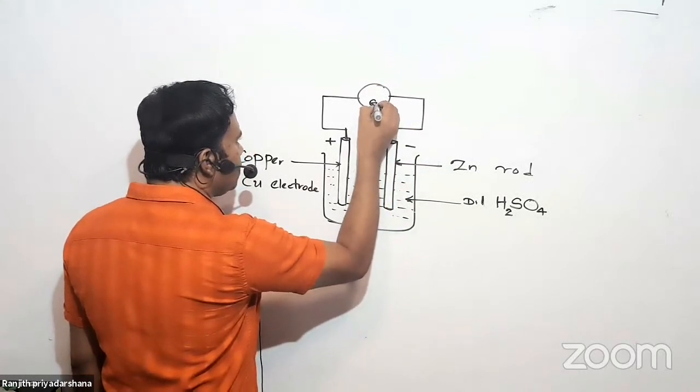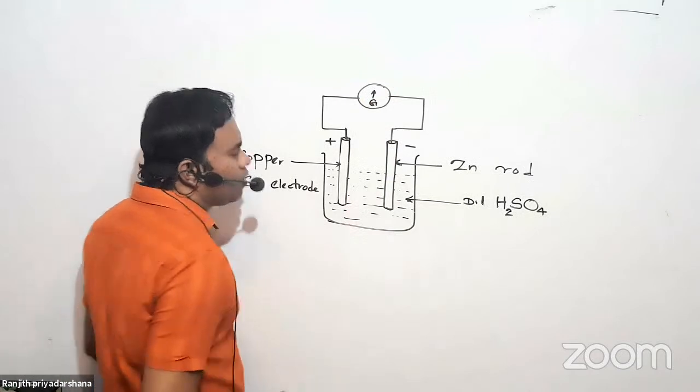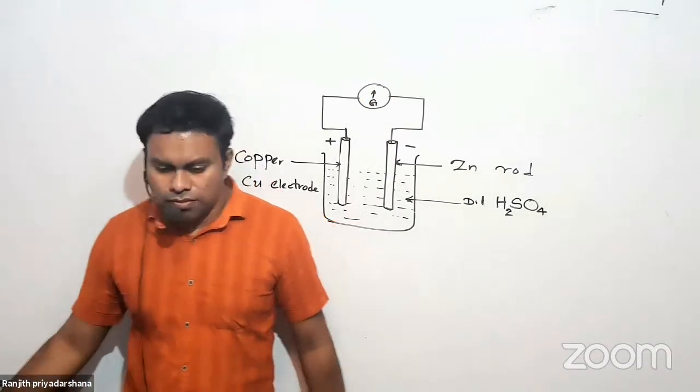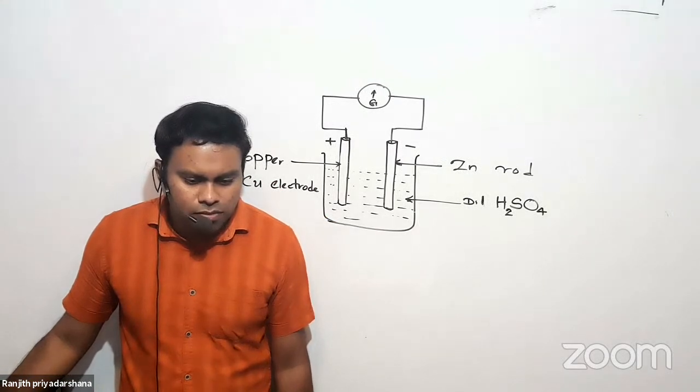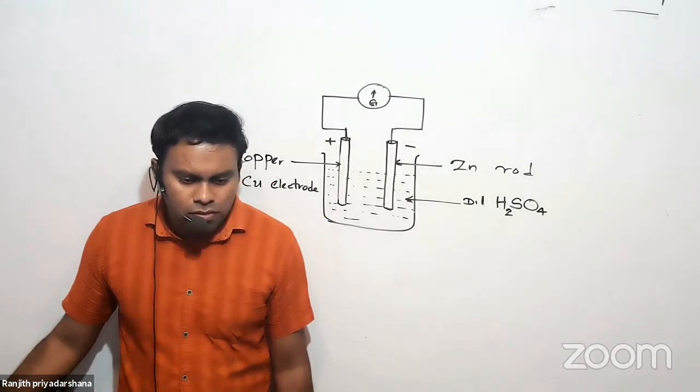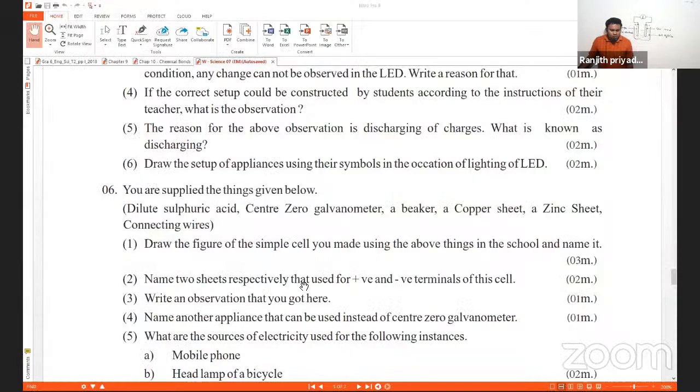So that's G. Let's move to the questions again. Draw the figure of the simple cell you made using the above things in school and name its parts.